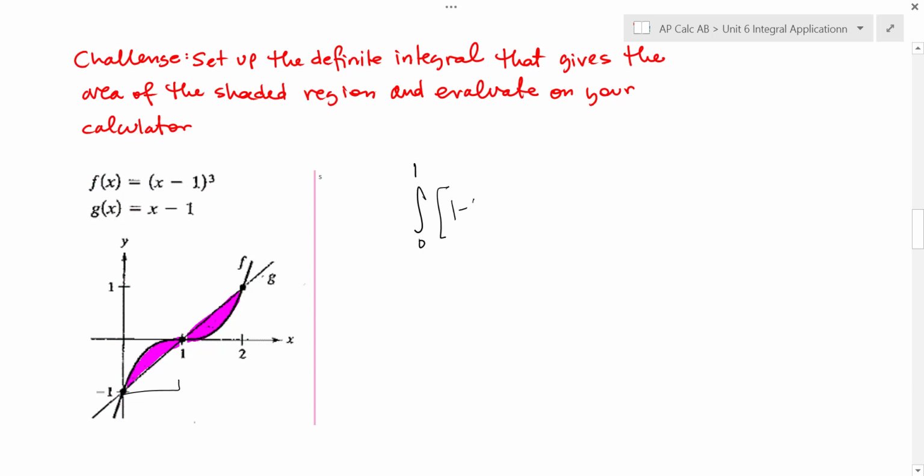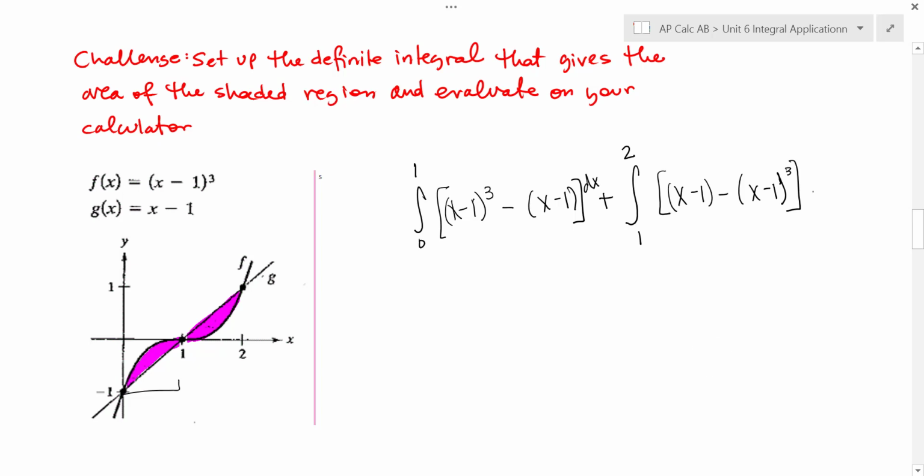which is x minus 1 cubed, minus g of x. And then to that we're adding the second integral from 1 to 2. And this time function g is on top. So from 1 to 2, that's x minus 1 minus x minus 1 cubed.